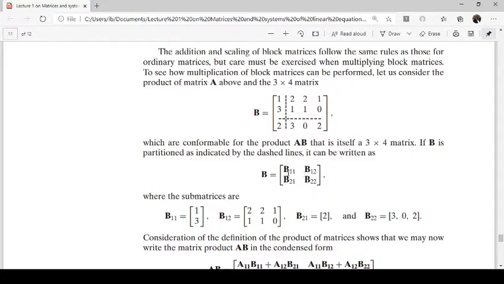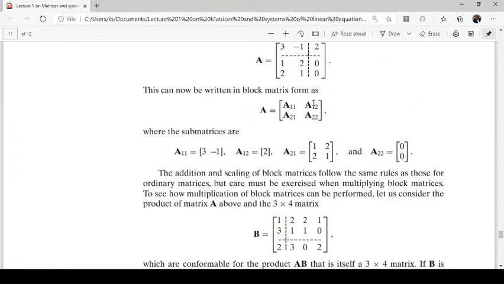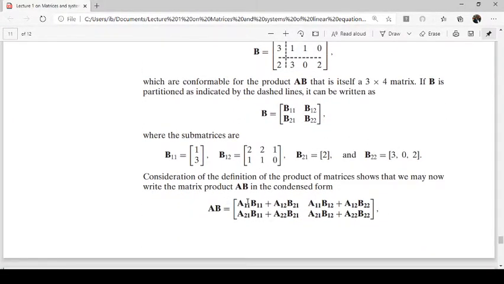Now, multiply your block matrix, the partitioned A, by this matrix B, the partitioned one. When you multiply it, you are going to have this. We have condensed this matrix. That's the simple mathematical concept.